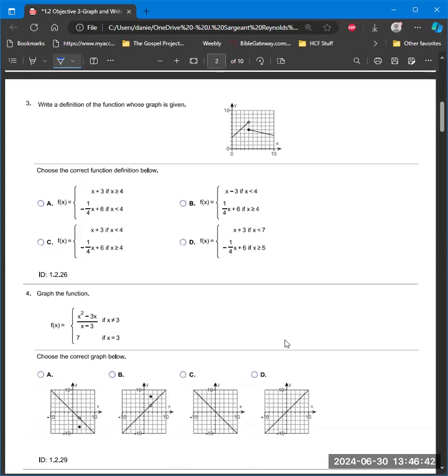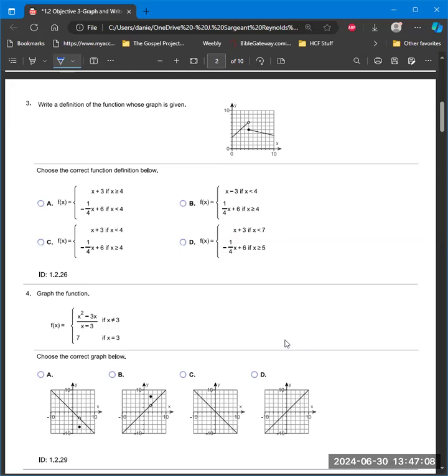Okay, this one is not continuous. I have to pick up my pencil to draw it. So we have a piece with a positive slope that's going to stop at x equals 1, 2, 3, 4, looks like.